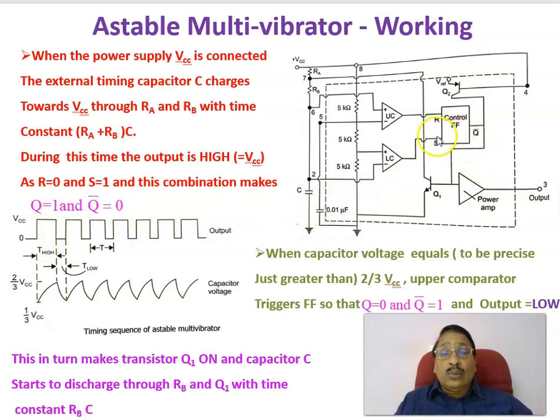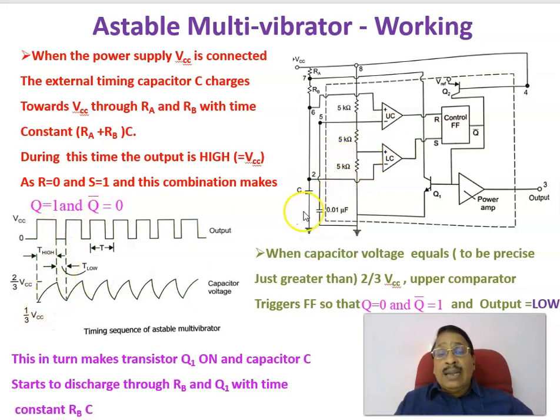That means it will be setting, Q will become 1, and as Q becomes 1, Q bar will become low. As Q bar becomes low, the output becomes high. Therefore, as the voltage goes past 1 by 3 VCC, the output is Q equal to 1 and Q bar equal to 0.